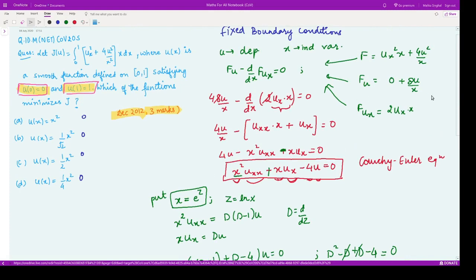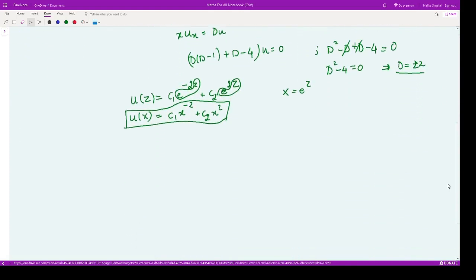So let me substitute these values. What I get is u(1) is equal to 1. This gives me 1 is equal to c1 plus c2, or I can write c1 as 1 minus c2, right? So now my u becomes, substituting this value, u is equal to (1 minus c2) divided by x squared plus c2 into x squared.